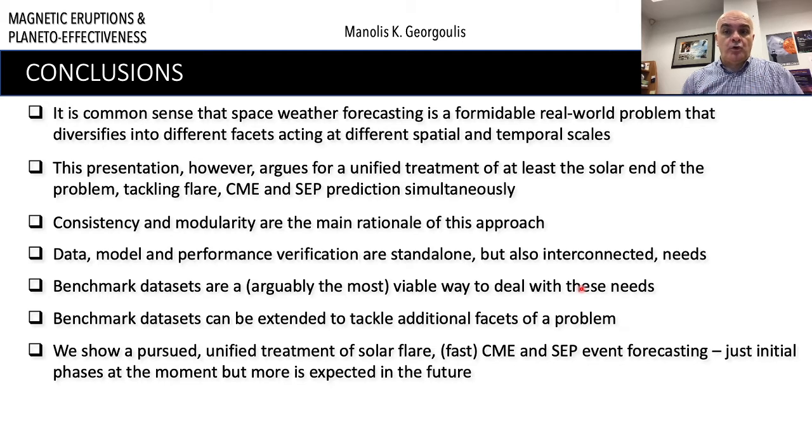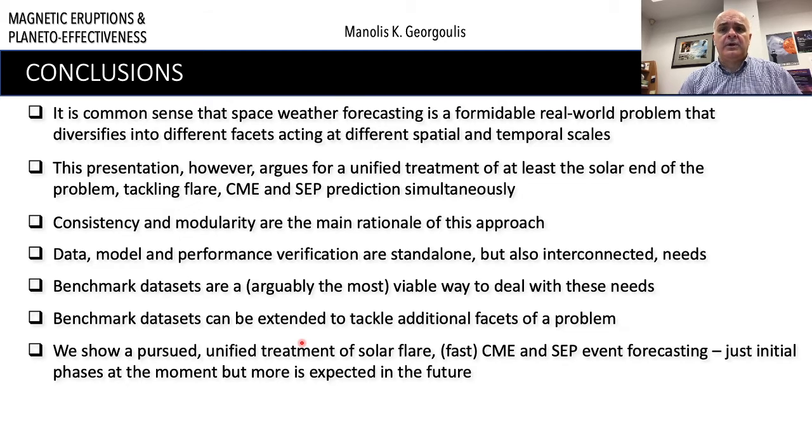But in doing so, we need benchmark data sets and we need verification for these data sets, for the models that we are using, and for performance. Benchmark data sets, as I said, are important, but they can also be enhanced. We can build from there in order to achieve further forecasting goals and targets.